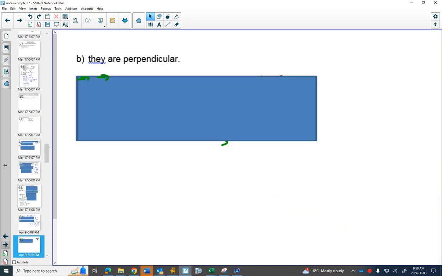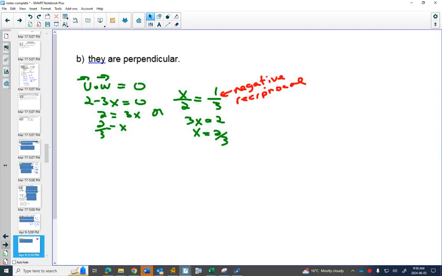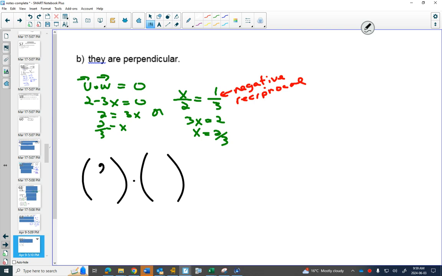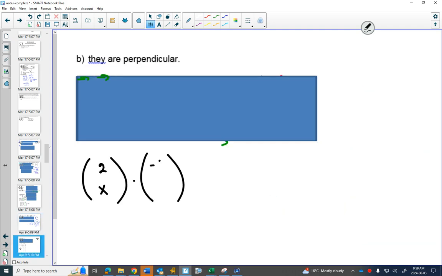If they're perpendicular, then the dot product is 0. And here were our 2 vectors, right? We had 2 and x. Is it -3 and 1? Go back to this. 1 and -3.